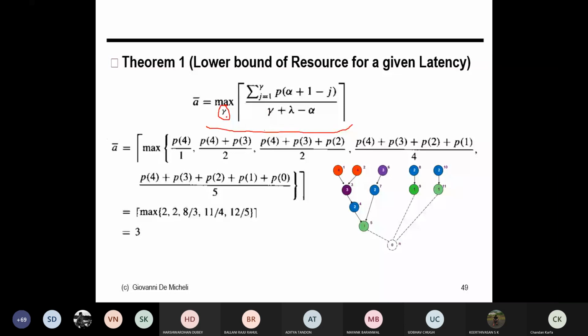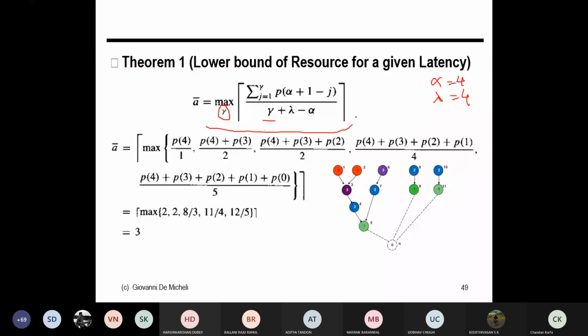So when gamma is 1, what does it mean? In this particular example, remember that alpha equals 4, where alpha is the max leveling, and let's say my lambda equals 4, because I already solved the problem for 4. I know for this graph 4 is the minimum.